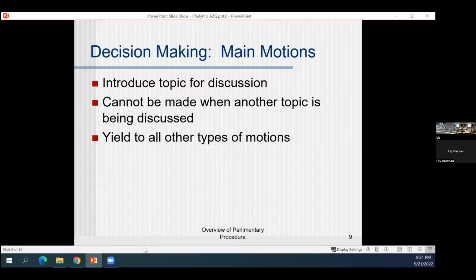It sounds very harsh, and for a financial decision like that, where it's pretty cut and dried, it seems a little bit clunky. But when you're dealing with much more complicated issues, it's important to keep that structure going so that you can focus on the merits of whatever the amendment is and not get caught up in the main motion discussion until the amendment is decided.